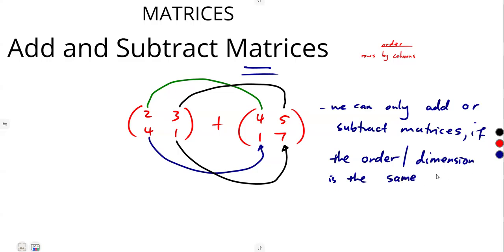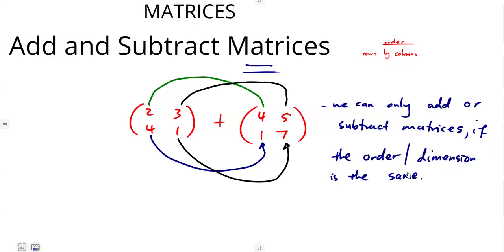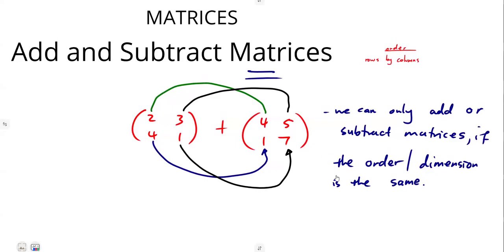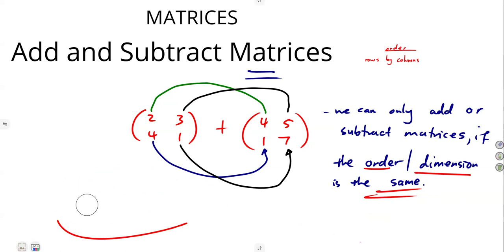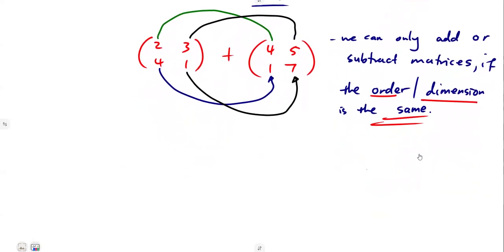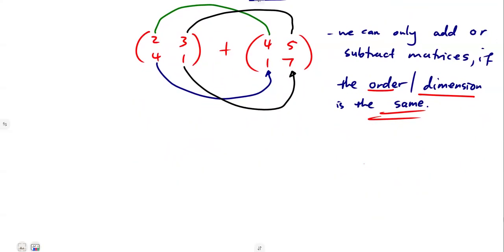As for grammar, guys, you know what to do. You can have it in the way that you understand. So the order must be the same, or the dimension must be the same. So a 2 by 2 matrix and a 2 by 2 can be added, a 3 by 3 and a 3 by 3. The order must be the same. So where the order is different, addition or subtraction will be impossible, which is a rare case that you're going to have in exam conditions.